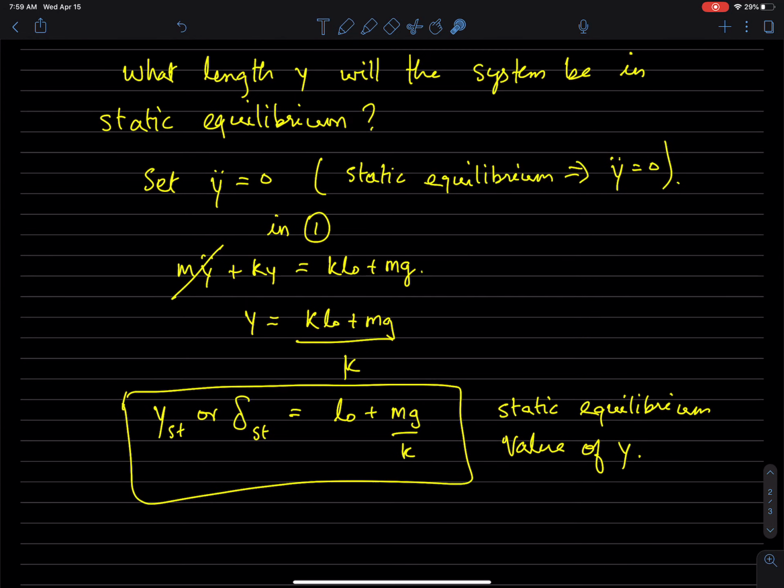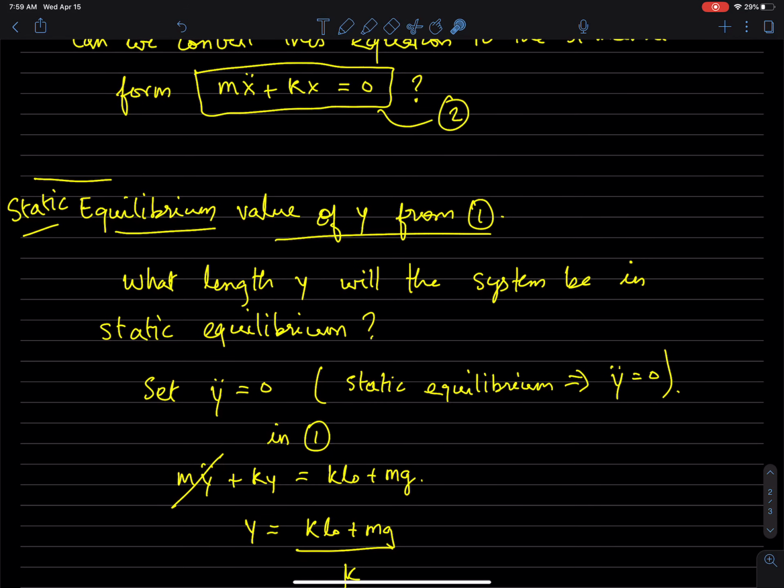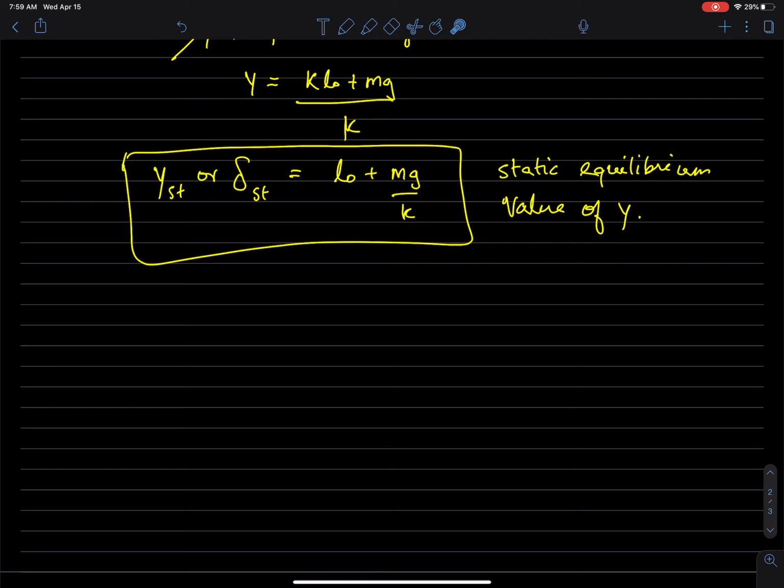So when we have problems where you have this external force or right-hand side not equal to 0, what you do is you first compute the static equilibrium value of y. Okay, so that's the first thing to do.